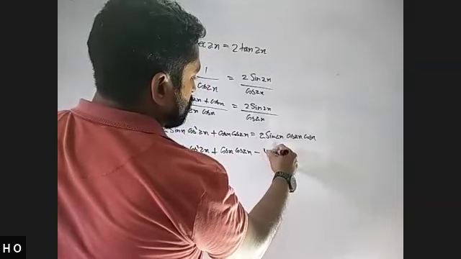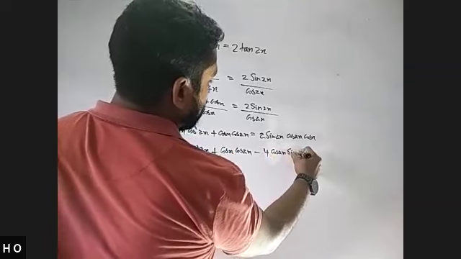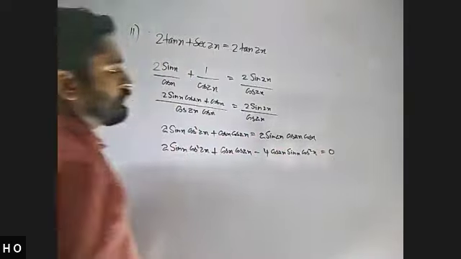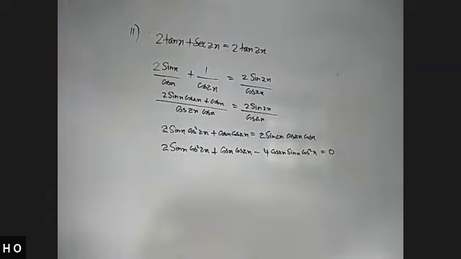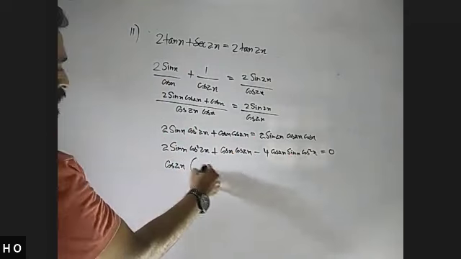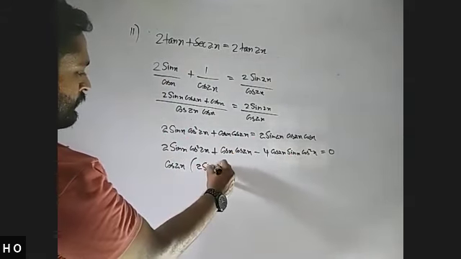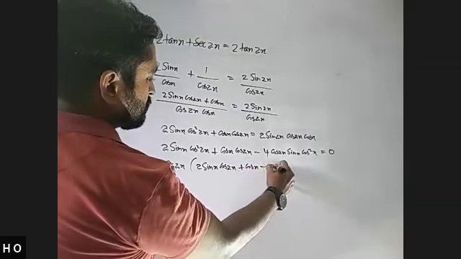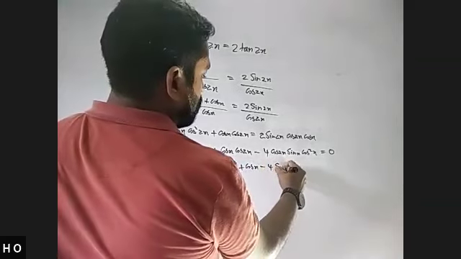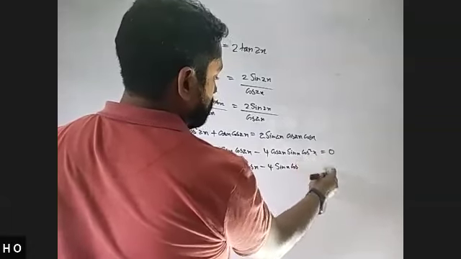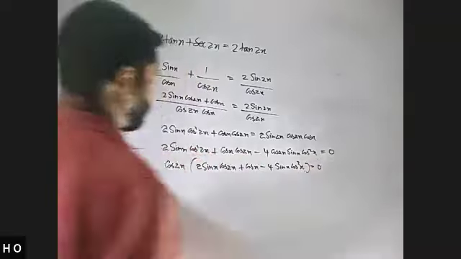So cos 2x, sin x, cos squared x is 0. Now you can take cos 2x out. After taking cos 2x out, it is 2 sin x cos 2x plus cos x minus 4 sin x cos squared x is 0.